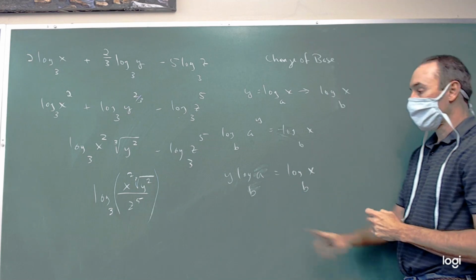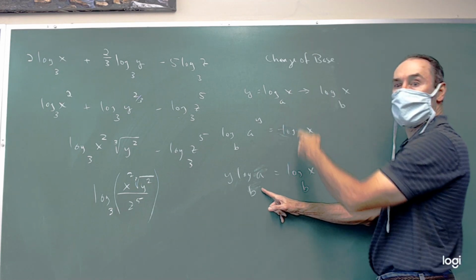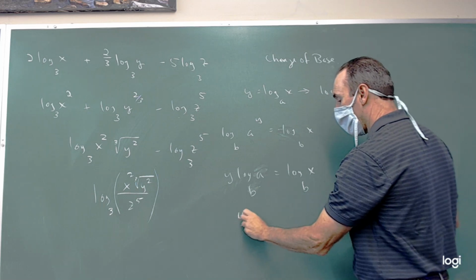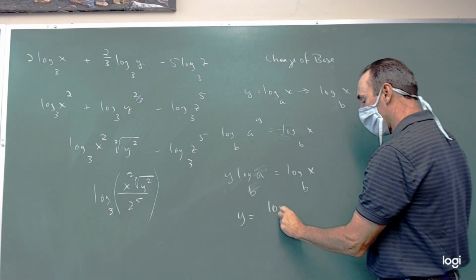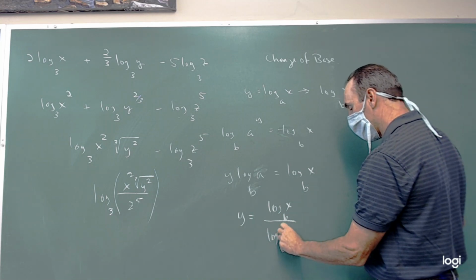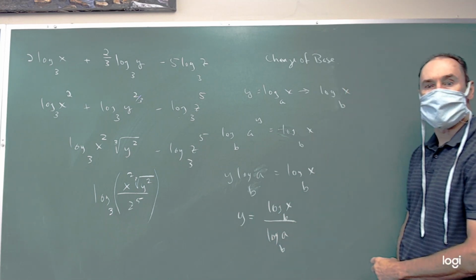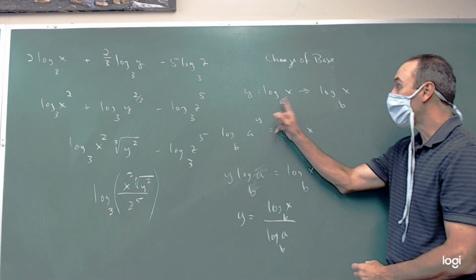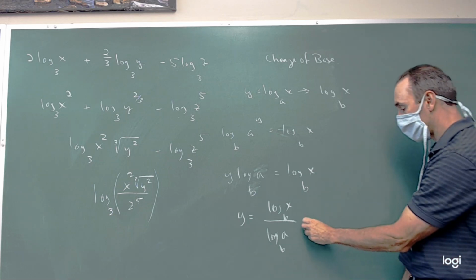Is that okay? Remember that y was our original logarithm base a of x. We're going to divide that over, so our y is going to be the logarithm new base of x over the logarithm new base of the old base. Remember that? That y was our logarithm base a of x.